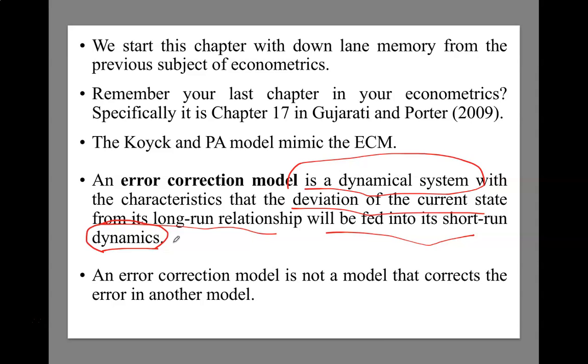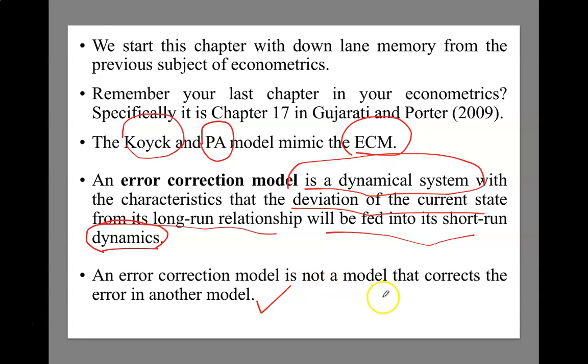From here we get the answer to how long it takes for the system to go back to equilibrium, from the measurement of ECM, or in other words with the idea of partial adjustment, or the Koyck model, which I'm going to show you.